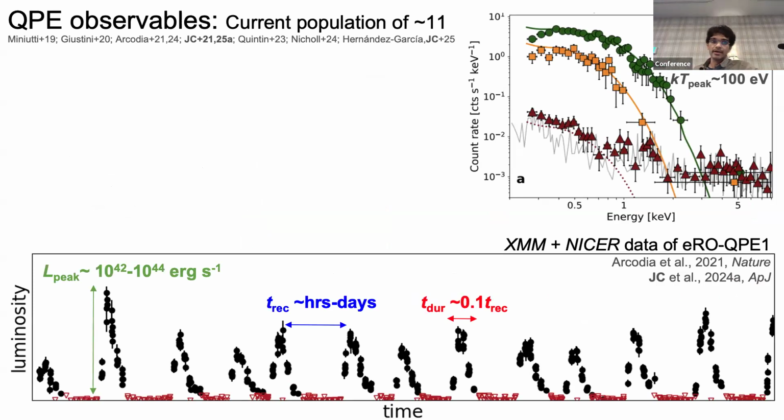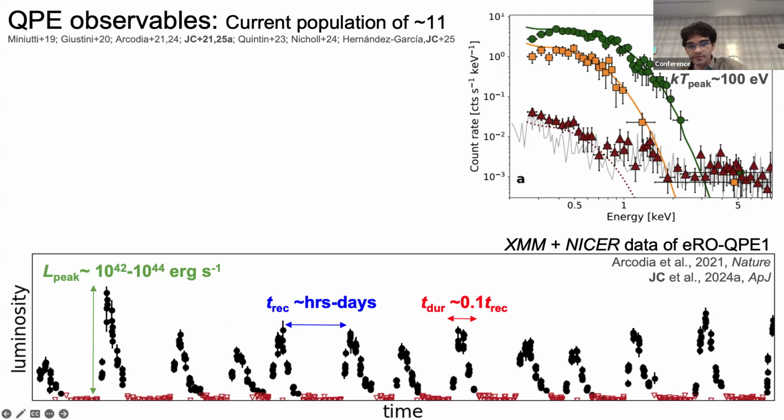We have now a population of about 11 sources, depending on how you count. Their overall population average properties are that they tend to show peak luminosities of around 10 to the 43 ergs per second, with characteristic recurrence times of a few hours up to several days now.